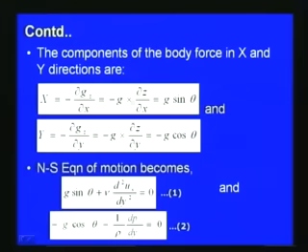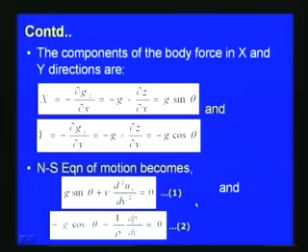Now we use all these assumptions, and finally we can get the Navier-Stokes equation in the following form. The Navier-Stokes equation becomes g sin theta plus nu d square ux by dy square equals 0, where nu is the kinematic viscosity, equation number 1, and the second equation is minus g cos theta minus 1 by rho dp by dy is equal to 0, equation number 2.